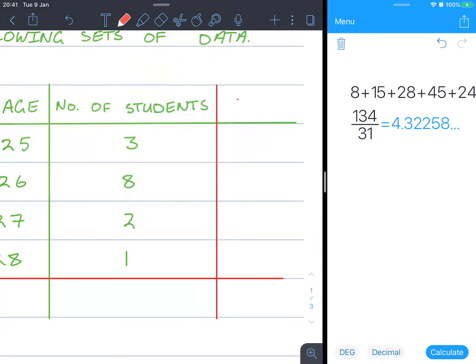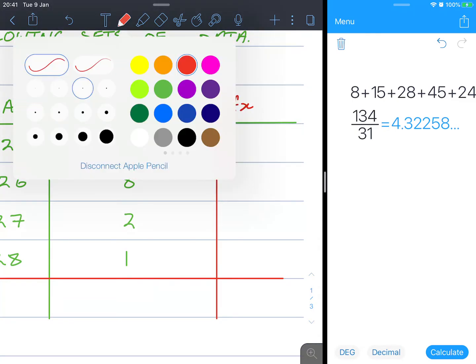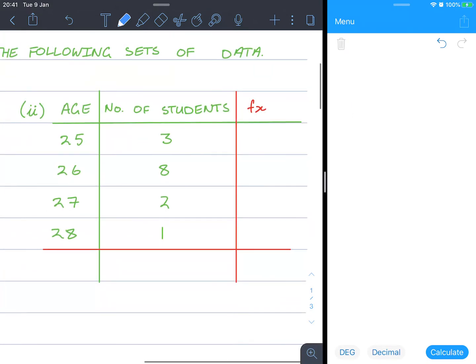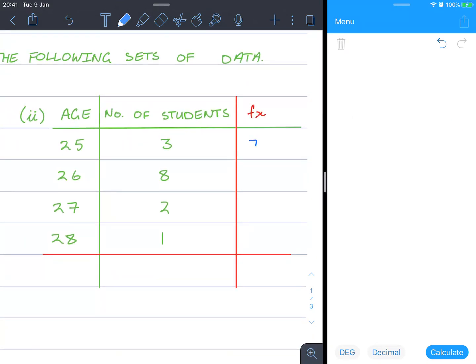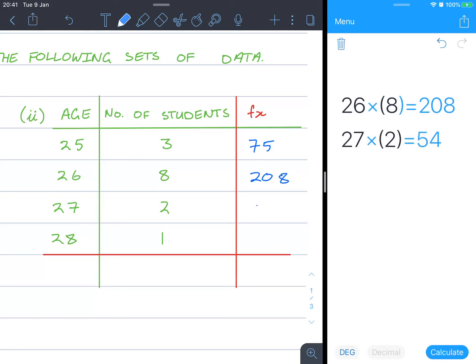Let's get the fx table going. 25 times 3, 75. 26 by 8, 208. 27 times 2, it's 54. And 28 times 1 is 28.